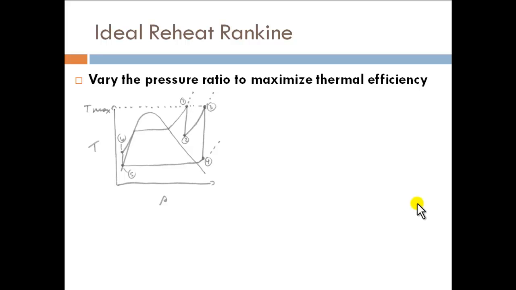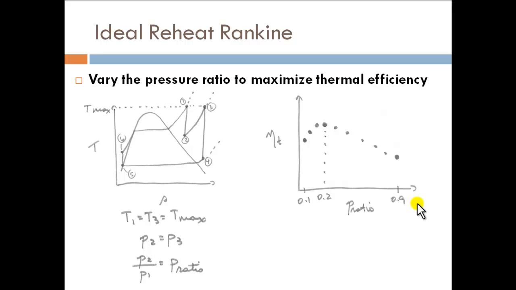And what I wanted to do was think about what would happen if we didn't have an automated routine. What we did was we looked at the different pressure ratios. Pressure ratio is P2 over P1. And somebody told us, hey, start at a pressure ratio of 0.2. So we calculated that.